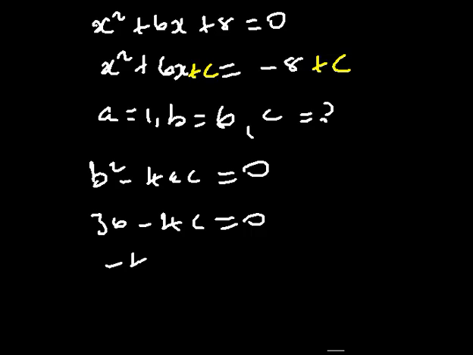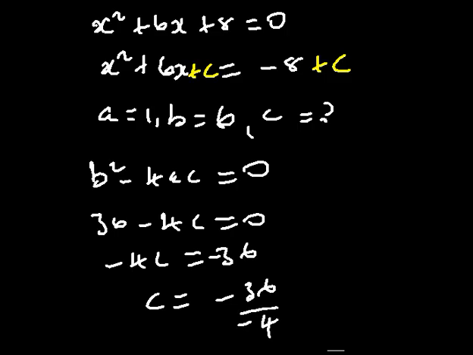And I have negative 4c, which is equal to negative 36. This will be given as negative 36 divided by negative 4, and 36 divided by 4 should be 9. Therefore, the value of c that is to be added here should be 9.